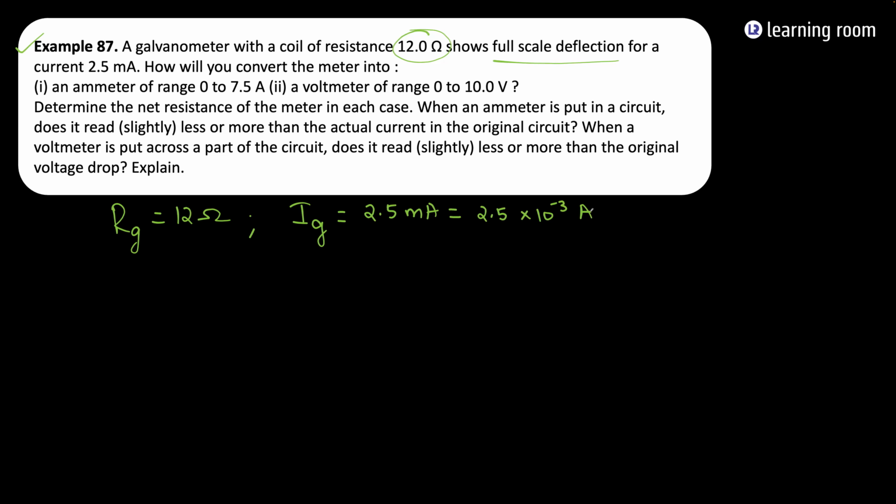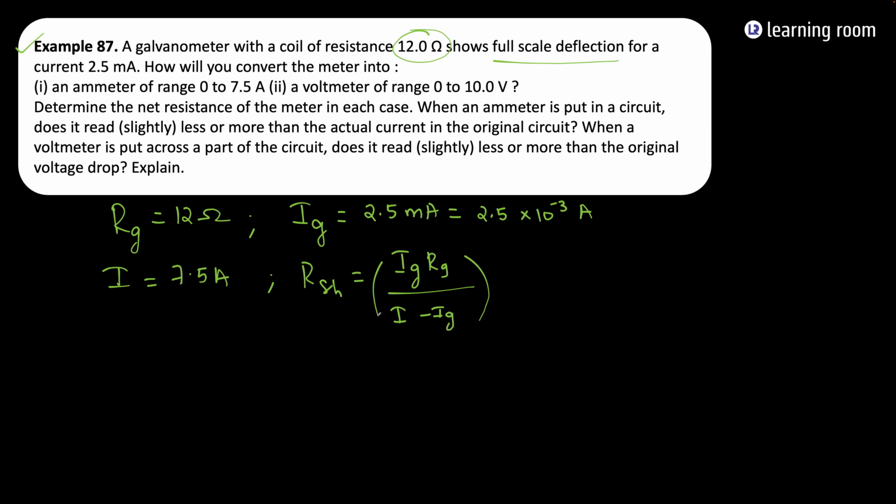So the current the ammeter should measure is 7.5 ampere. What is the value of the shunt resistance that you need to connect? R shunt is equal to Ig into Rg, the whole divided by I minus Ig.